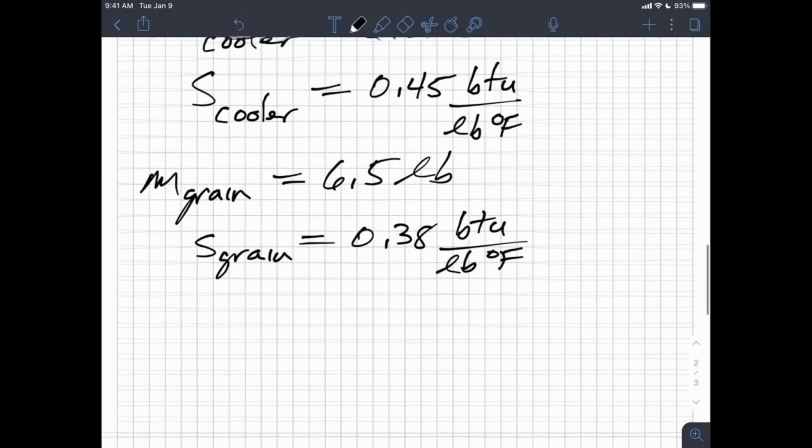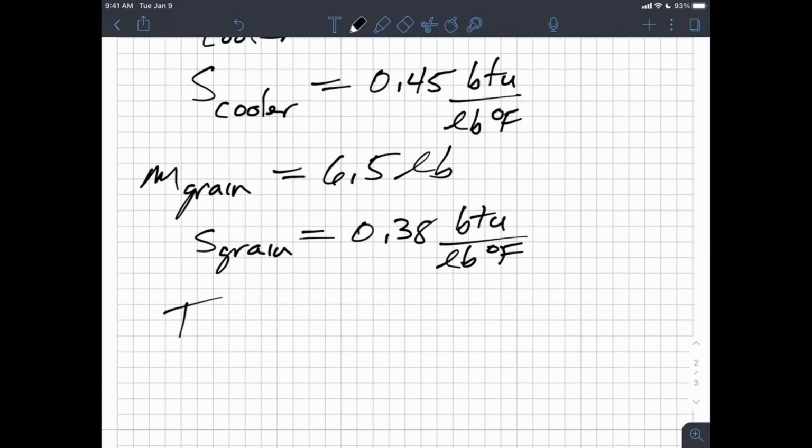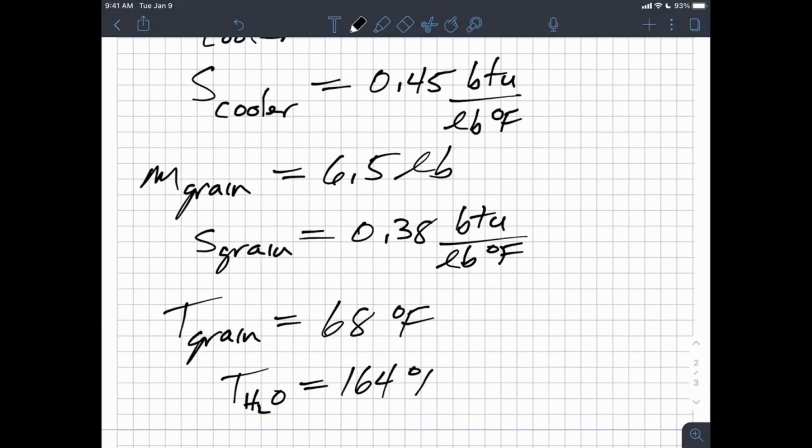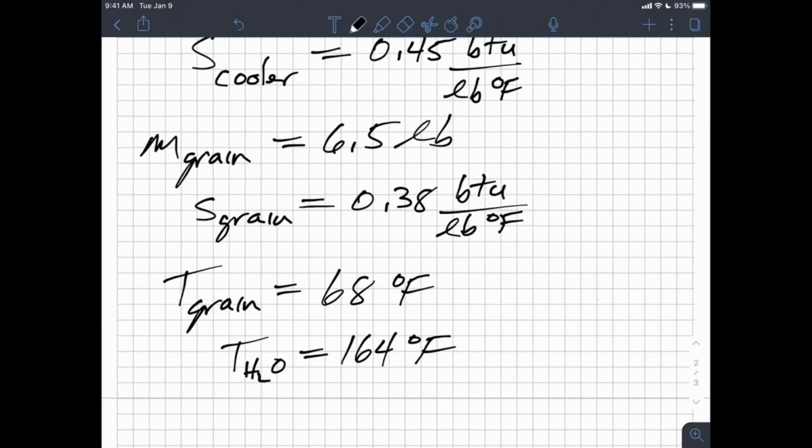And so we measured the temperature of the grain, I think was 68 degrees F. And I said the temperature of the water was 164 degrees F. So we need the specific heat of the water, and that's 1 BTU per pound degree F. So now we have all of our units.